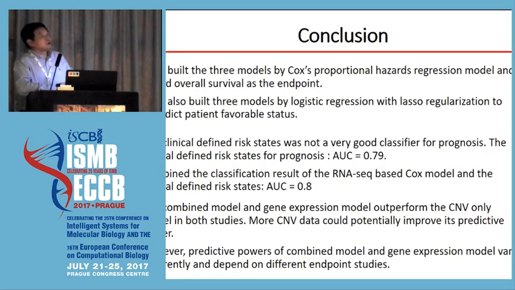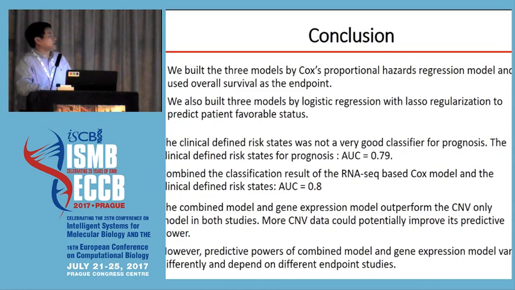So in summary, we built 3 models by Cox proportional hazards regression, using overall survival as the endpoint. We also built 3 models by logistic regression with Lasso regularization to predict patient risk status. The results show that the clinically defined risk status is not very well classified for prognosis.